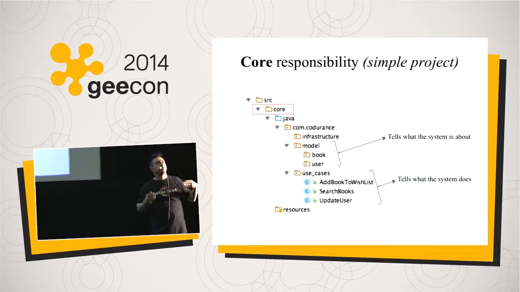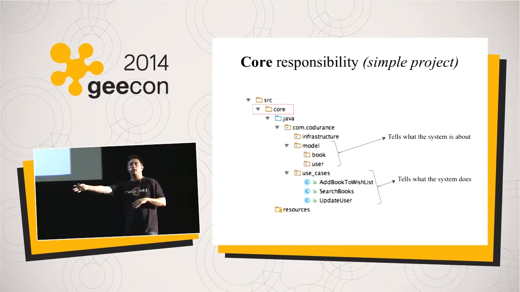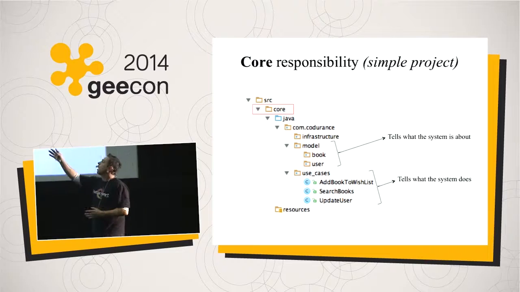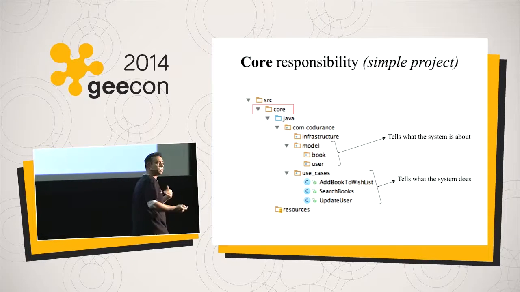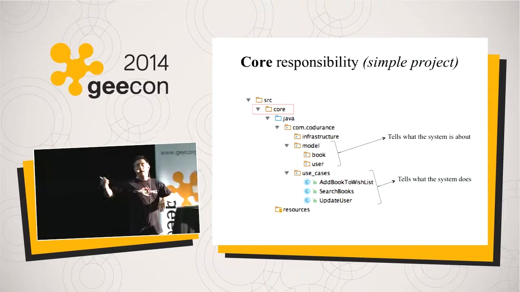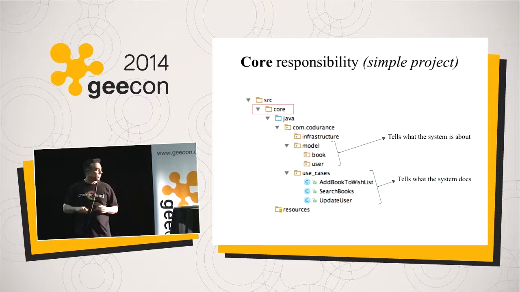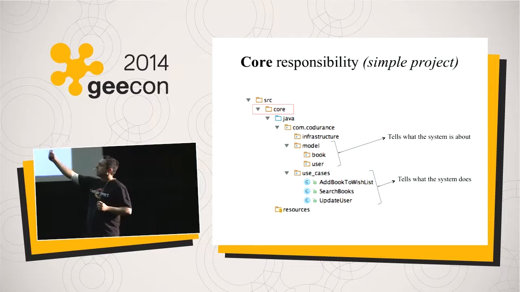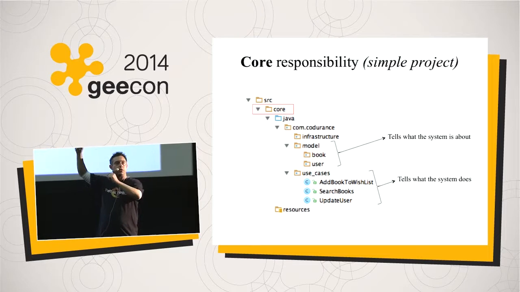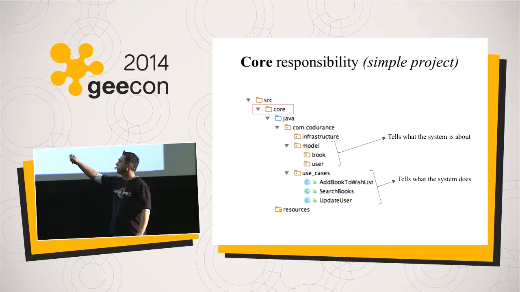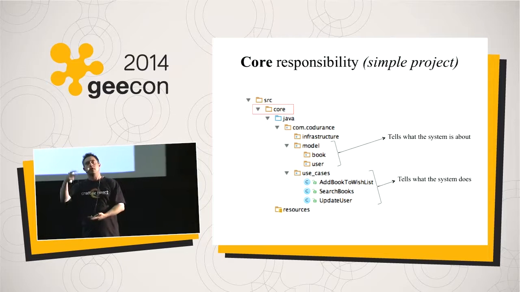And then it's easier for me to navigate to the point that I want, or if I add a new feature, I already know where to go. But of course, this is a very simple one. So normally when you are at this stage of your system, and it's a CRUD application, you end up with use cases that are very tied to your domain model. So you have use cases like update user, create user, delete user.